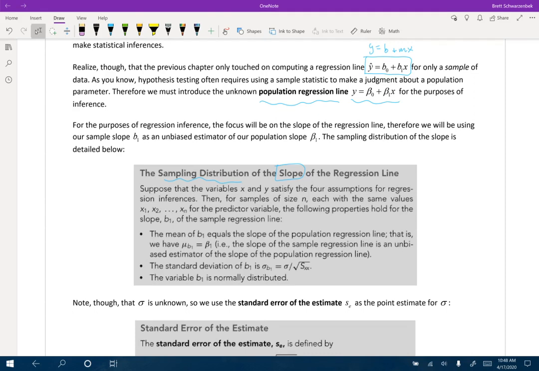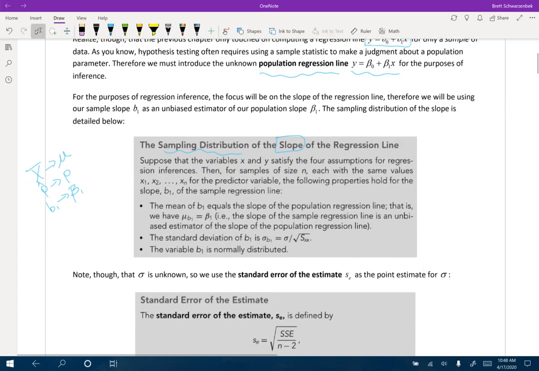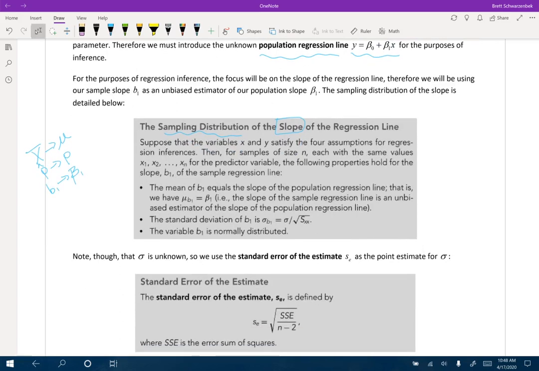Just like we used to say that x bar is an unbiased estimator of mu, or p hat is an unbiased estimator of p, now we're going to say that the sample slope is an unbiased estimator of the population slope. That's the idea when it comes to the sampling distribution.